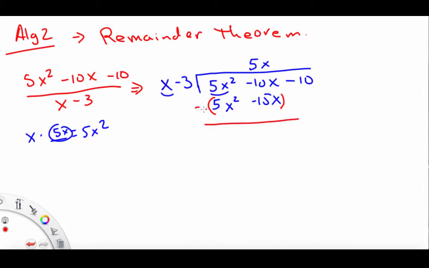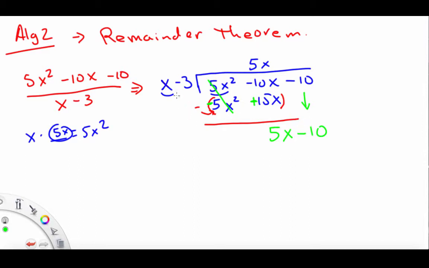Negative times positive 5x turns into negative 5x. Negative times negative 15x equals positive 15x. Now we can do the math. The 5x squared terms cancel out. Negative 10x plus 15x is 5x, and you bring down the negative 10.